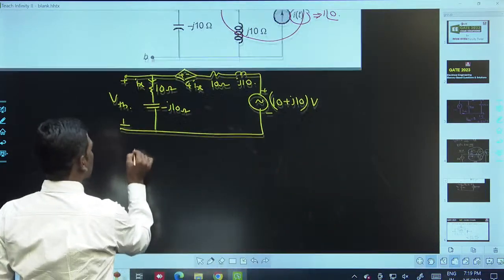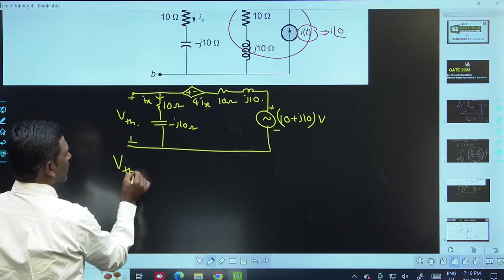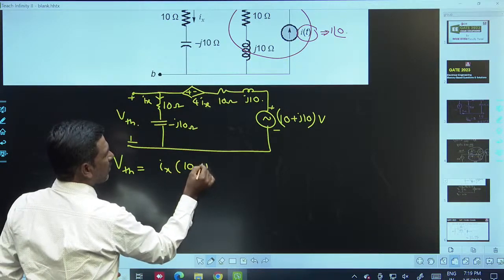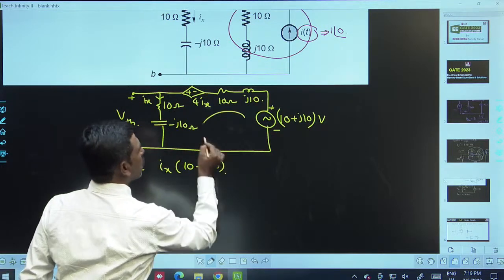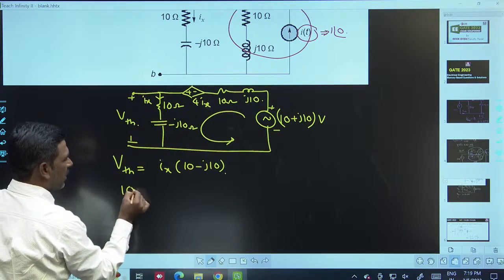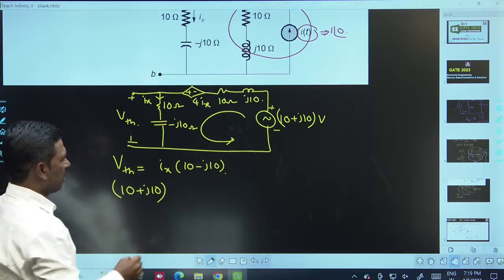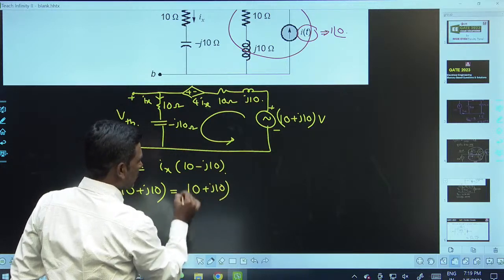VTH is equal to Ix into 10 minus J10. What is the Ix value? Just apply KVL in this loop. So 10 plus J10 is equal to 10 plus J10 into Ix.